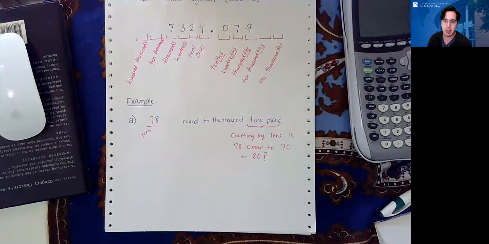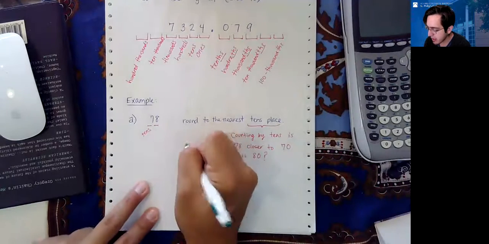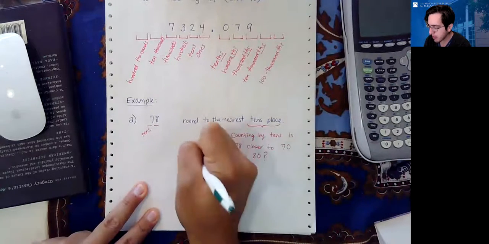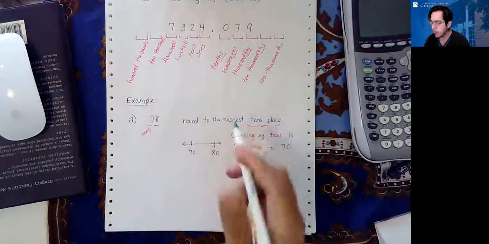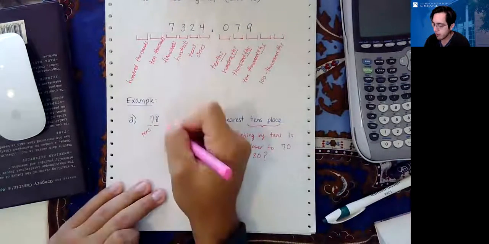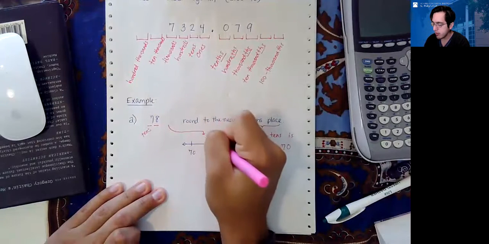That's essentially what we're doing here. So when you're rounding a number to a certain place value, you're saying, okay, well, let's put this number between these two values that we used counting by the place value that we're interested in, tens. So on the number line, we have a number line. I know that 70 is here and 80 is here. And 78 is like over here somewhere.